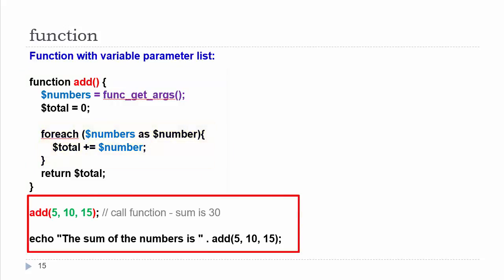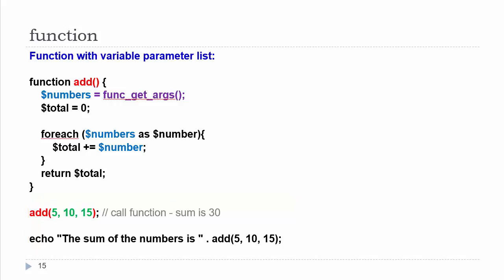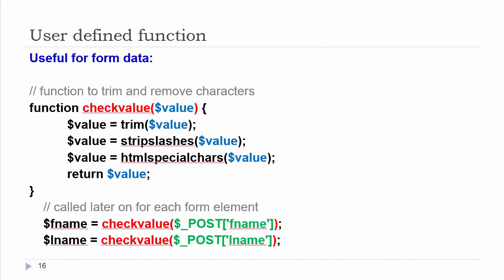So here is the function call where we are passing 3 parameters. We could pass 2, we could pass 10. It doesn't matter because we can dynamically obtain the number of arguments, store them in an array, loop through them, and work with them.